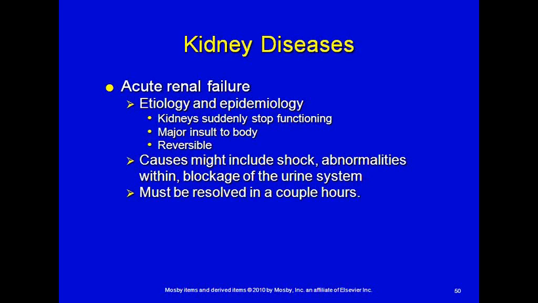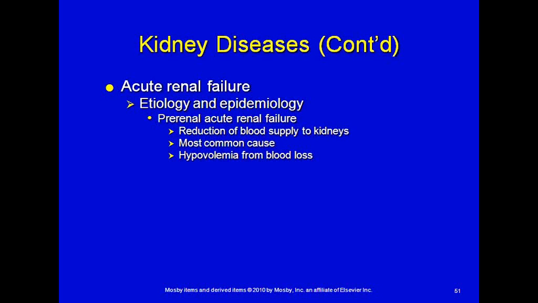It can be reversible depending on how soon it's caught. Again, causes might include shock and abnormalities within the kidney itself, or a blockage of the urine system by a stone. It should be resolved quickly in order for it to be reversible. Also, with acute renal failure, you have pre-renal acute renal failure, and that's the result of a reduction of blood supply to the kidneys.